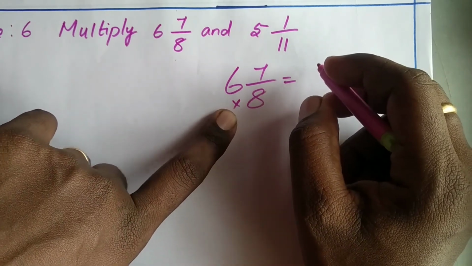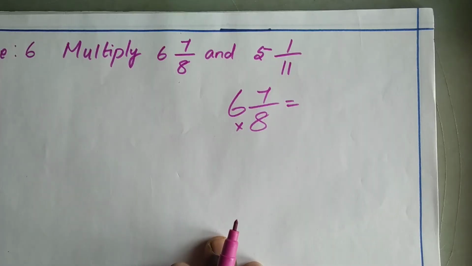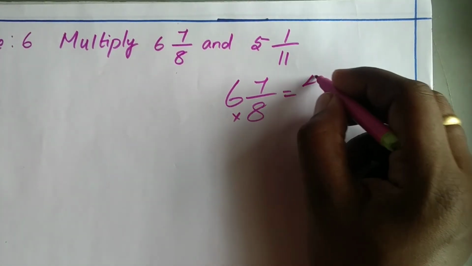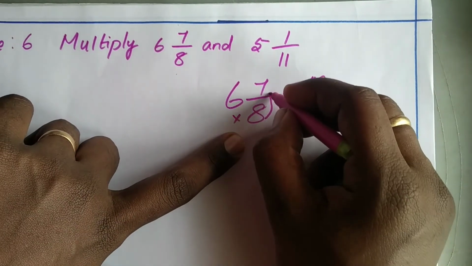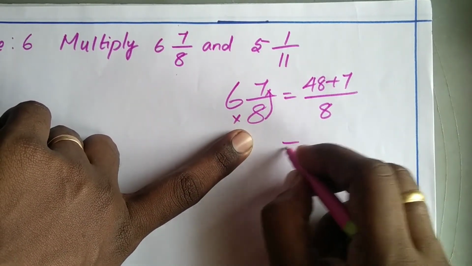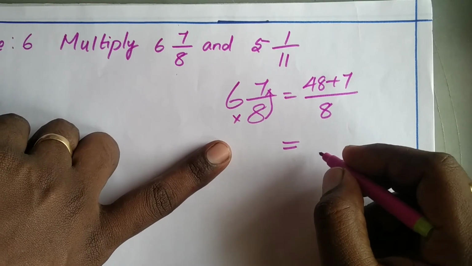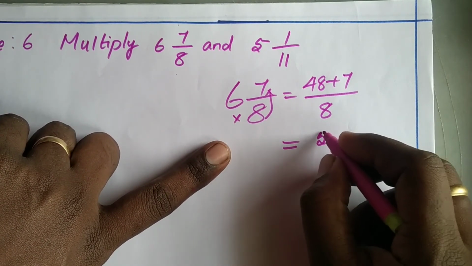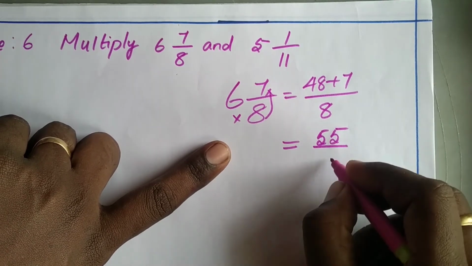Guys, please tell faster. Yes, it's 48. Next, add the 7, using the same denominator. What is 48 plus 7? The answer is 55. Yes, very good. 55 by 8.